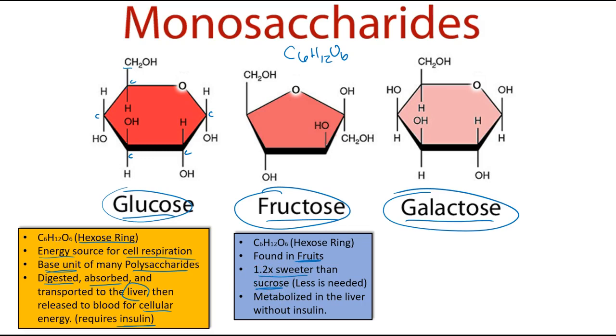Both sucrose and fructose are plant-derived, and they have similar names because they're derived from the same origin, being fruits. Both of them are very sweet. Both glucose and fructose are hexose rings, and they both have the same chemical formula. Fructose is metabolized in the liver like glucose, but the difference is fructose does not require insulin, and so it is more easily broken down by the body.